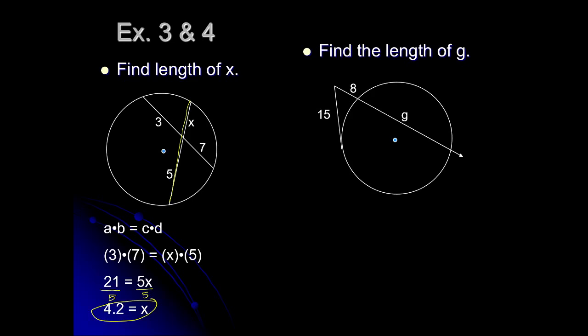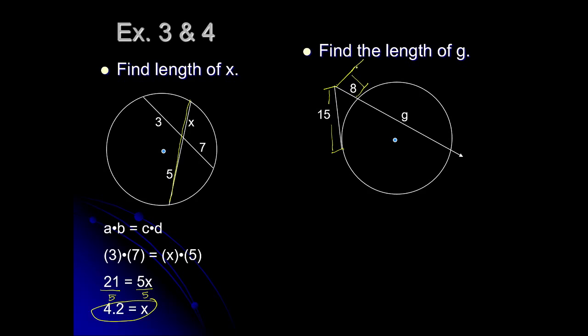Okay. Let's have our next example. Find the length of G. So that means a tangent and a secant. This is our tangent. That's 15. And we also have the length of our shorter side, 8.